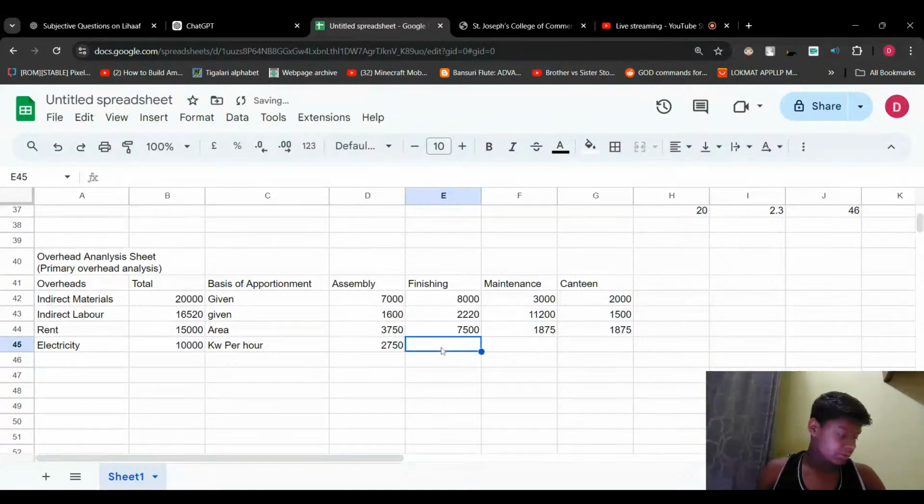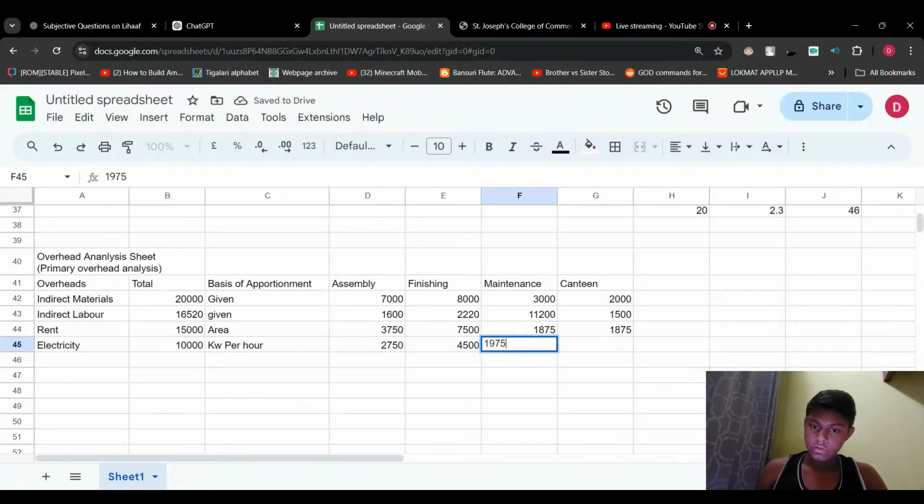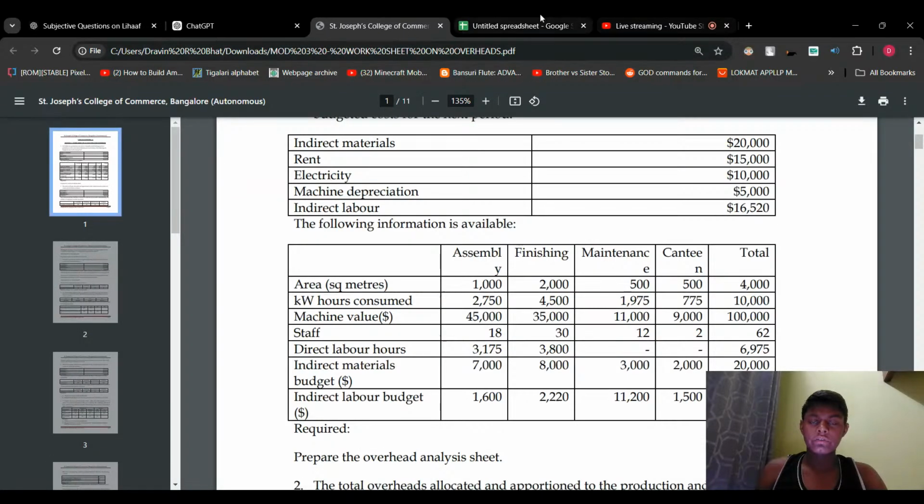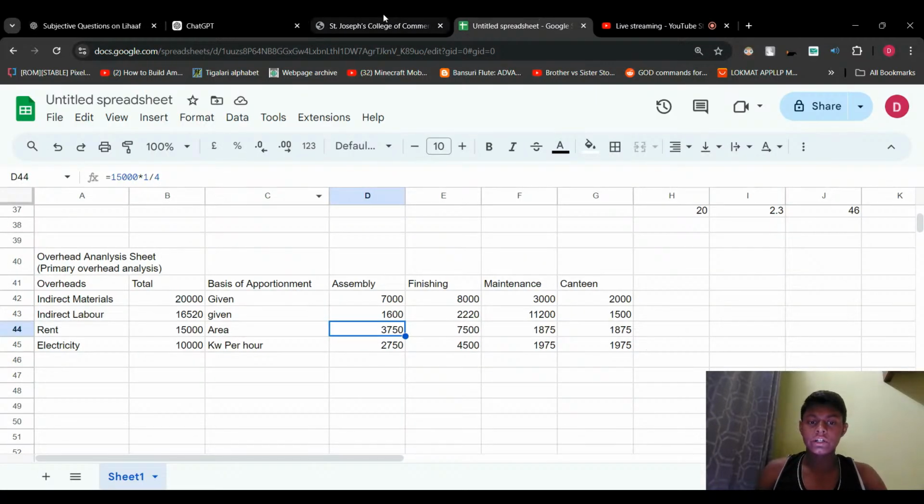Use the exact same thing and you'll be able to do everything. 4,500, 1,975, 1,975. See how I got 3,500: it is 15,000 into 1 divided by 4. That's how simple it is, guys.